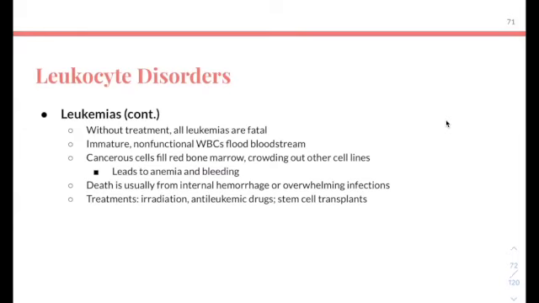So for treatment, there's irradiation, trying to get rid of that stem cell that is creating all the incorrect white blood cells. We have our anti-leukemic drugs and stem cell transplants, all for different kinds of treatments.